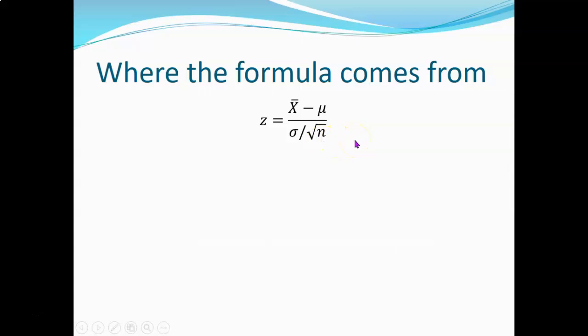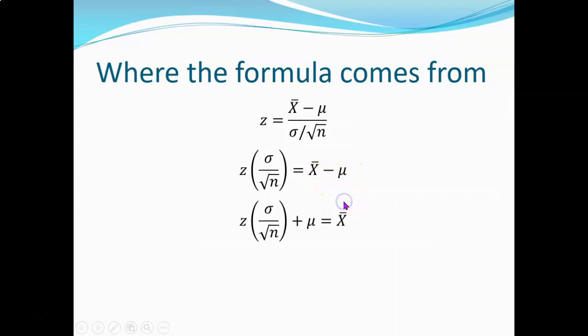Now, if you start with that and do some algebra on that equation, multiply both sides by the denominator of the fraction, by sigma over the square root of n, then get rid of the minus mu by adding plus mu to both sides, then leave the mu by itself over here by subtracting the other part, z times sigma over the square root of n, from both sides, and you end up with mu equals x bar minus z times sigma over the square root of n.